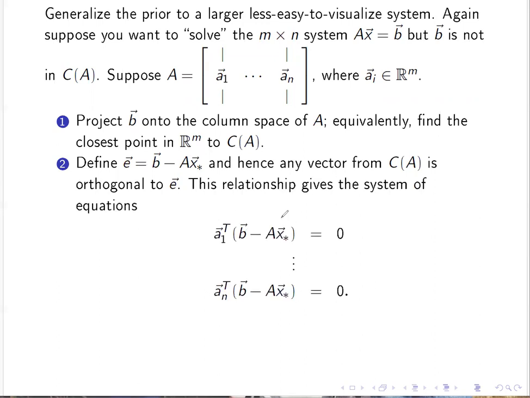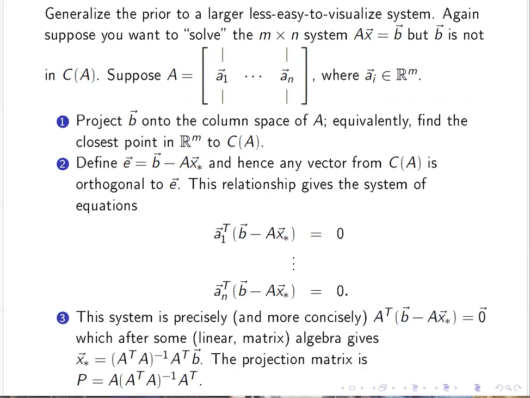Now, when I'm multiplying all these transposes over, because these are all of the columns that I've transposed into rows, this really is A transpose times this whole system with the B and the AX.